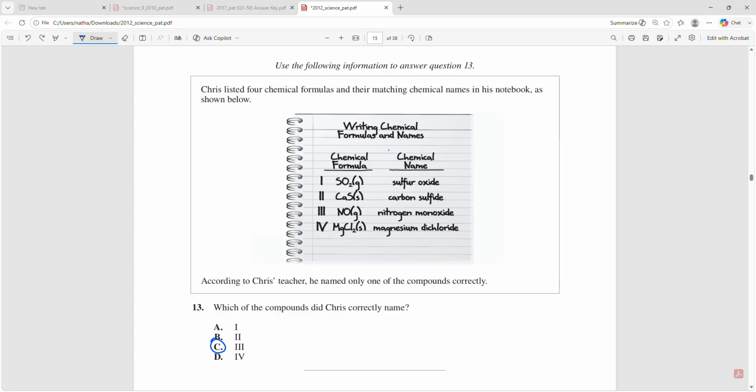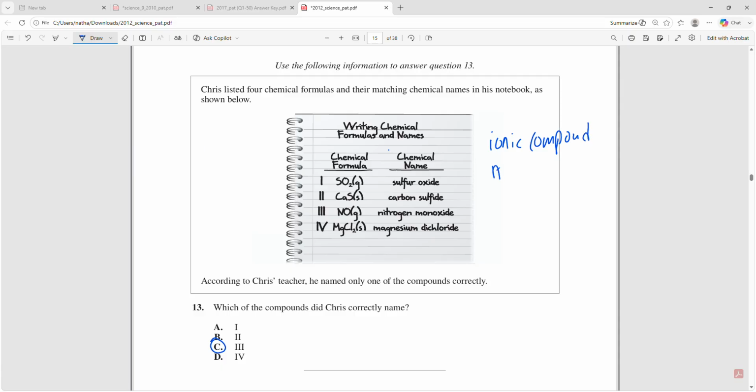So now, one thing to keep in mind, we want to notice whether it's an ionic compound or a molecular compound. If it's ionic, it's going to have a metal, and if it's molecular, it will not.